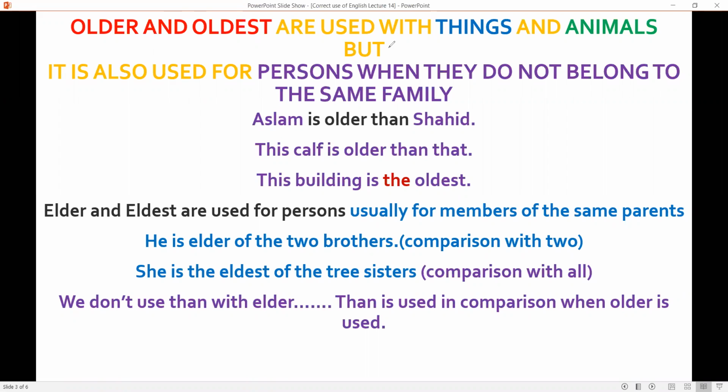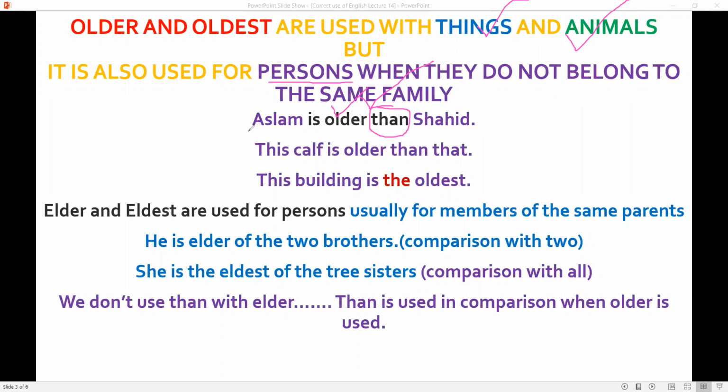Older and oldest are used with things, animals, and sometimes for persons, especially when these persons do not belong to the same family. Aslam is older than Shahid. Than is used when you make comparison with older.